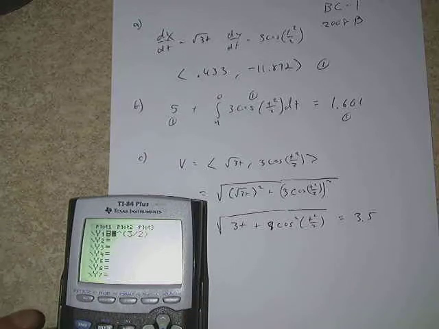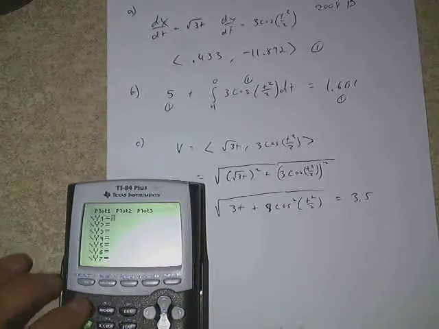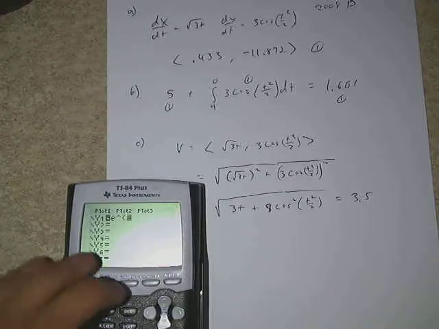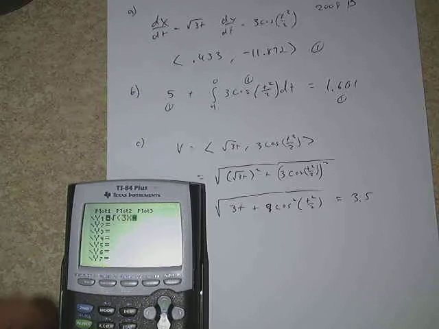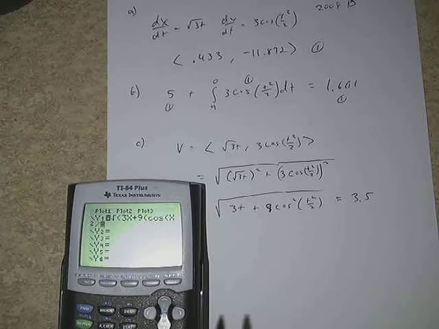So again, don't waste any time doing algebra. Just go ahead and calculate with your calculator, graph it, etc. So we got the square root of 3t plus 9 cosine of t squared over 2, all squared.